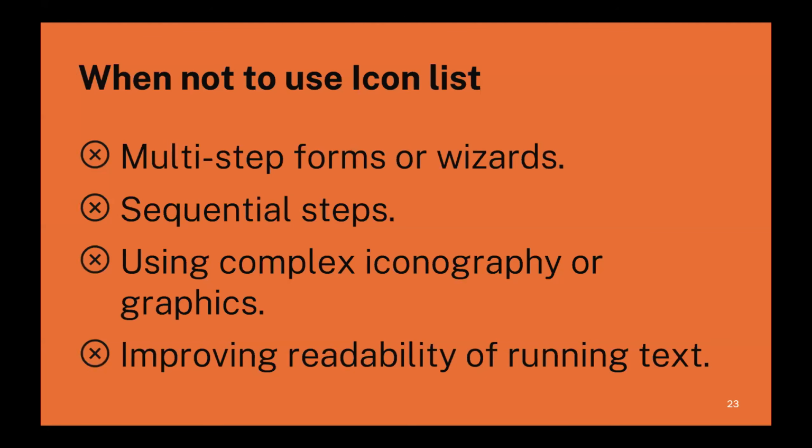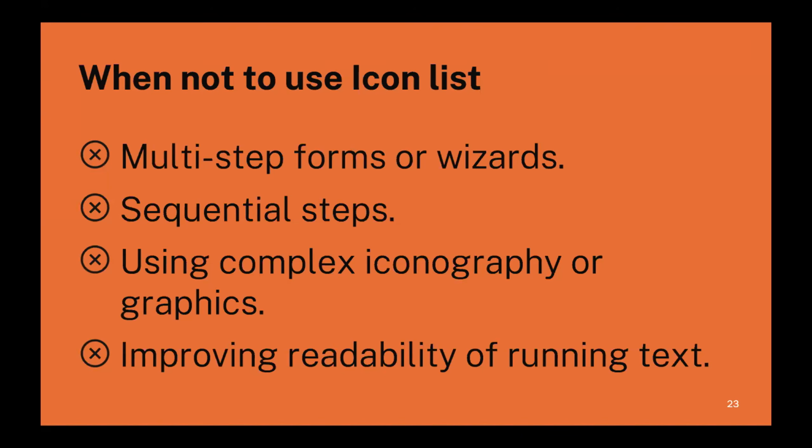Slide 23. And when should you consider something other than an icon list? Multi-step forms or wizards. Use a step indicator instead for a multi-step form. Sequential steps. Use a standard ordered list or process list if the items must be completed sequentially.